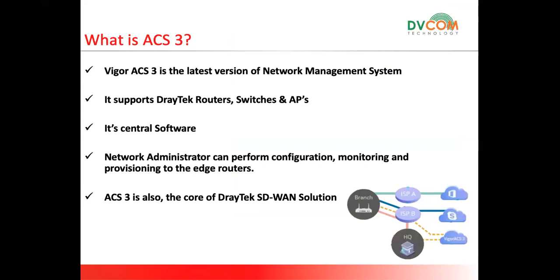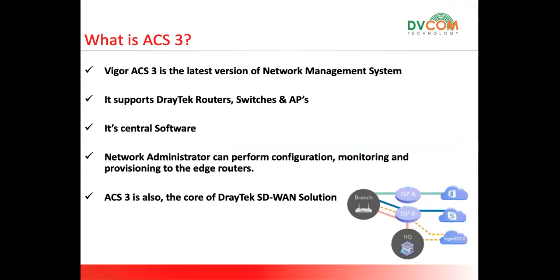First, what is ACS 3? VigorACS 3 is the latest version of the network management system. It supports DrayTek routers, switches, and access points. It's central software, cloud-based, and you can access it from anywhere. If you want to make any changes to your routers, switches, or wireless access points, you can do it.